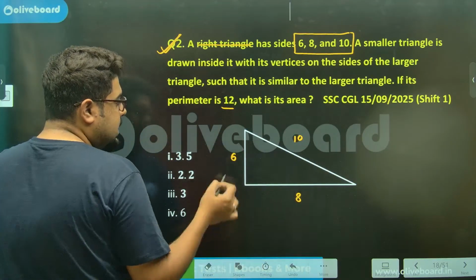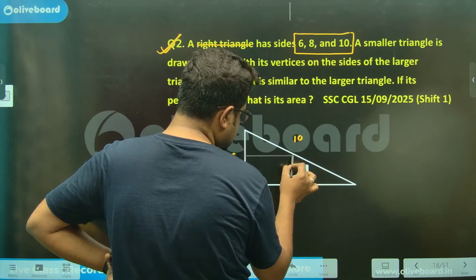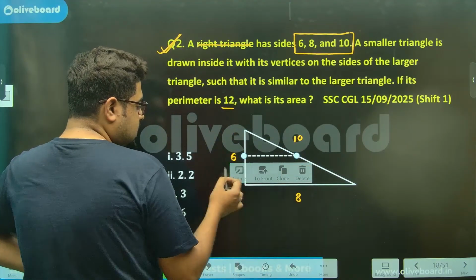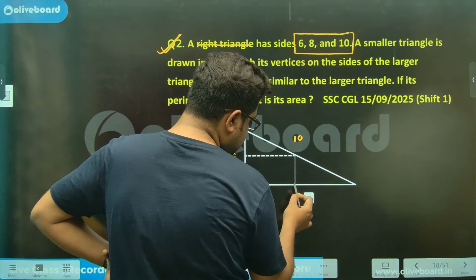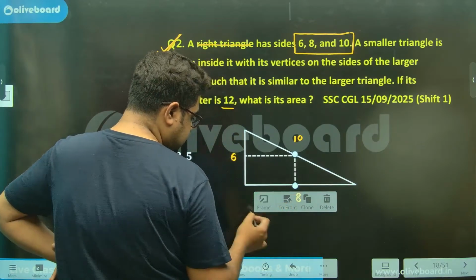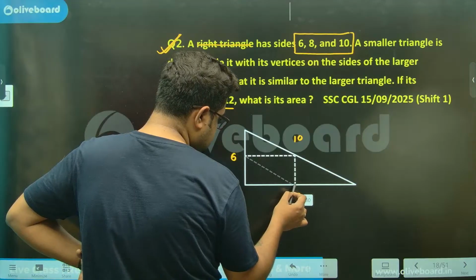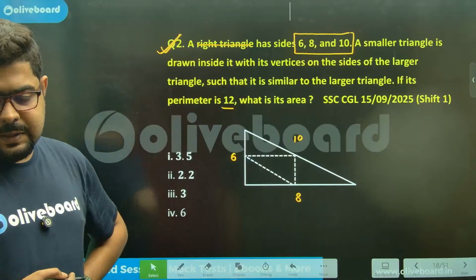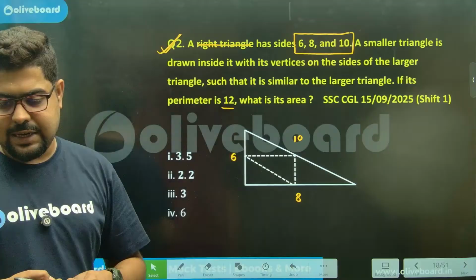They have made a triangle like this, such that its vertices are on the sides of the larger triangle.